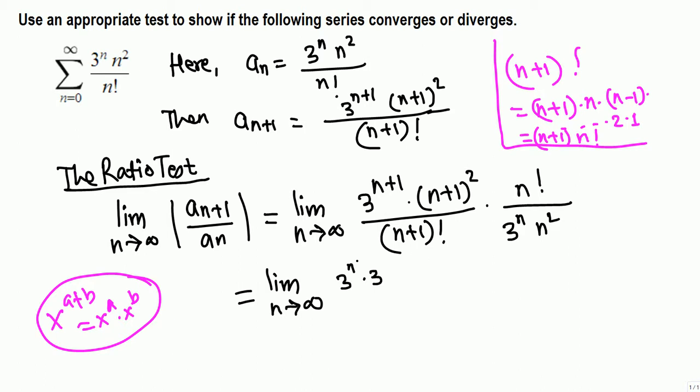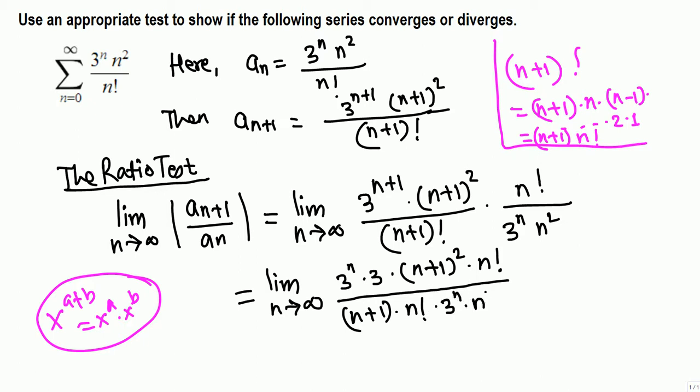So 3 raised to n times 3, times (n plus 1) squared times n factorial on the top over (n plus 1) factorial, which is the same as n plus 1 times one less factorial, which is n factorial, times 3^n times n squared. Let's cancel a couple of things. 3^n cancels, n factorial cancels. Do not cancel n squared.